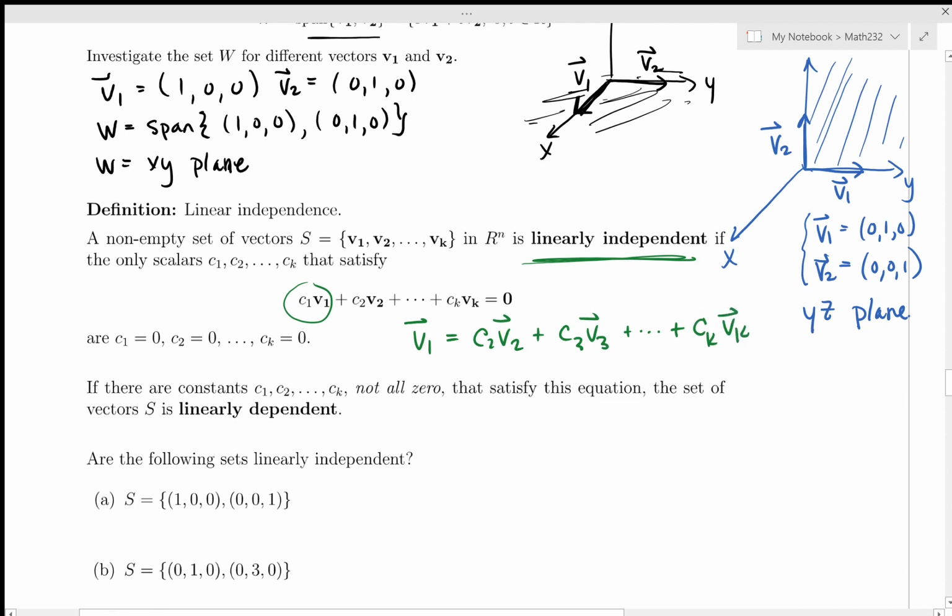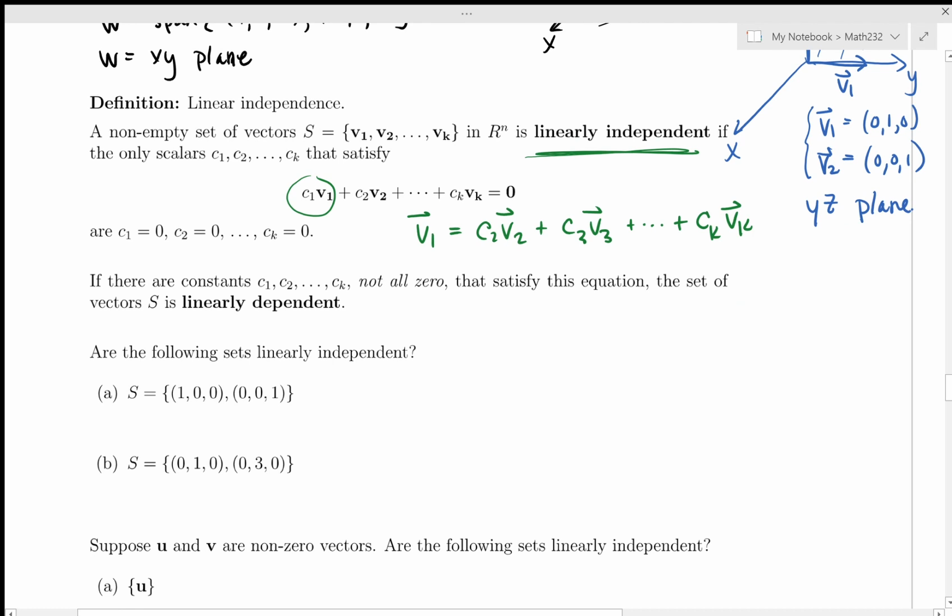They are independent in the way that you cannot make one from a linear combination of the others. Okay, so let's investigate, are the following sets linearly independent? So I'm basically asking, out of making linear combinations of this one, can I get this one? The answer is no, I cannot.